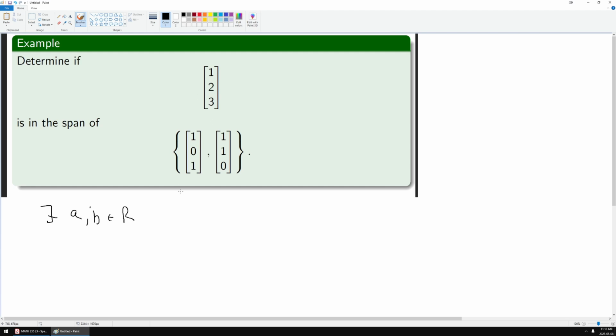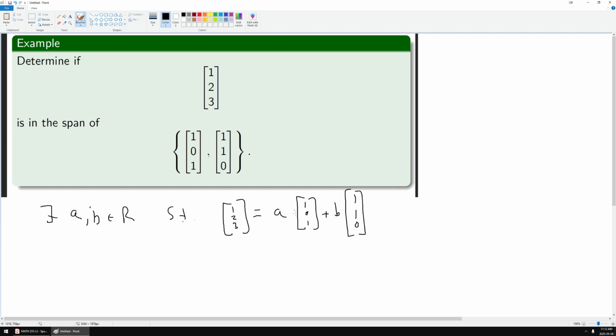You could go over the complex numbers, but it just makes the problem more complex, pun intended, without actually increasing the scope. So we want to know, are there coefficients A and B such that this vector, 1, 2, 3, can be written as A times 1, 0, 1, plus B times 1, 1, 0? That's the goal. Yes or no. Answer the question that way.